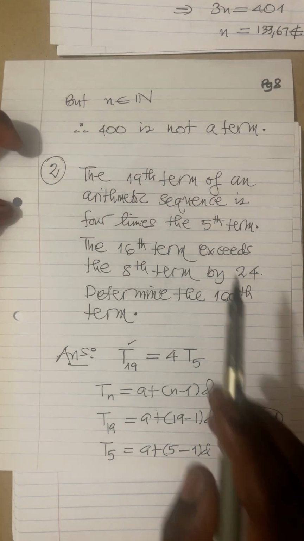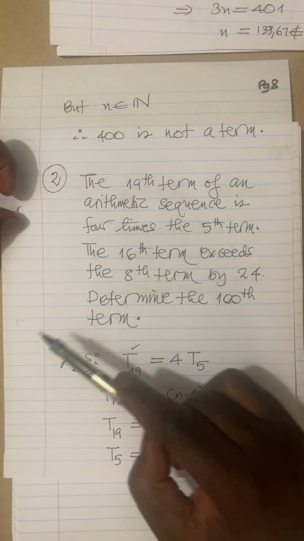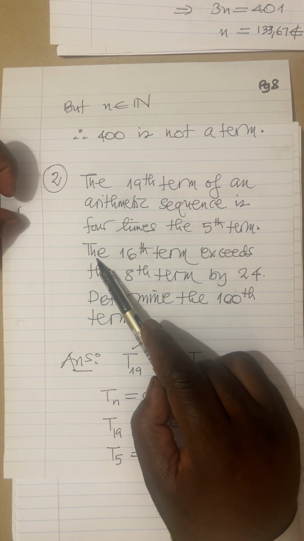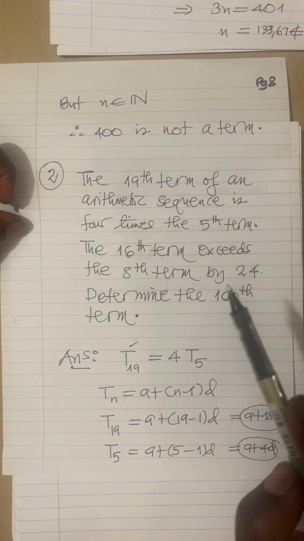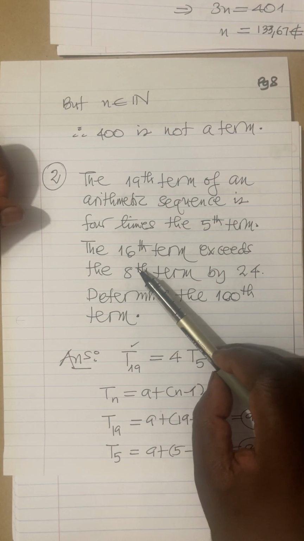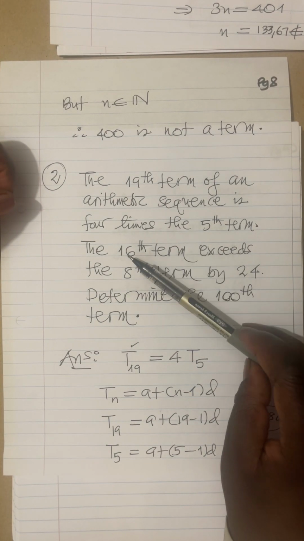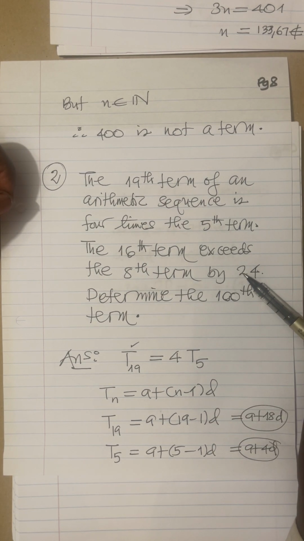Which part? The 19th term of an arithmetic sequence is 4 times the 5th term, full stop. Now we're analyzing it from there. The 16th term exceeds the 8th term by 24. Most learners struggle to understand this. It is basically saying that term number 16 is bigger than this term by that much.